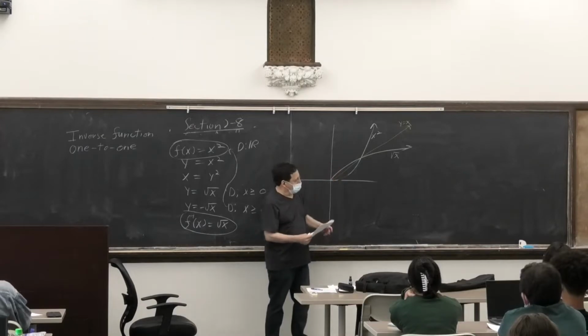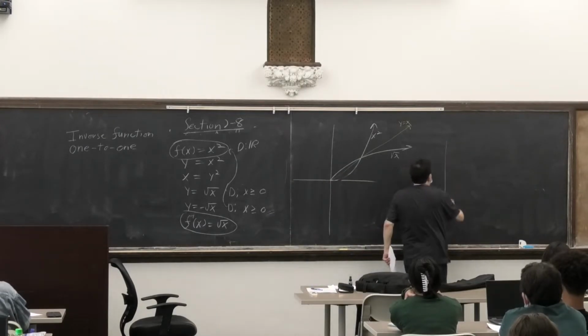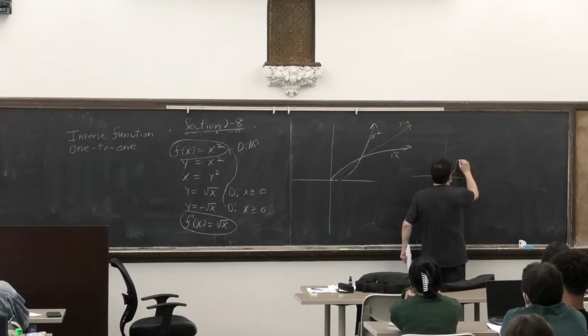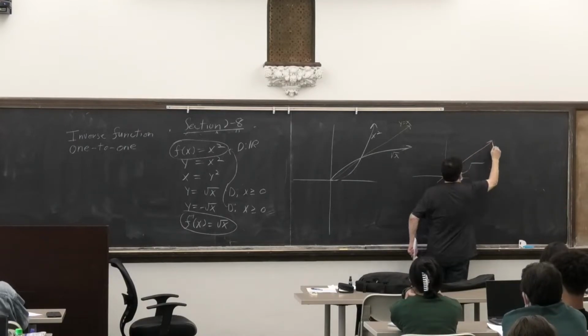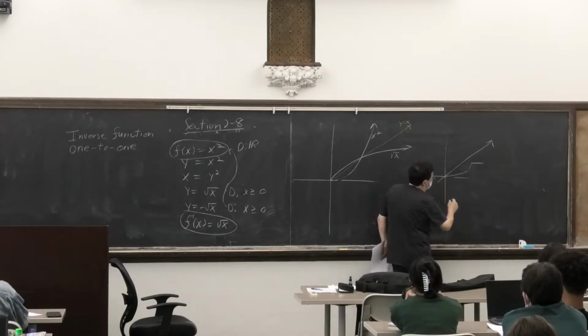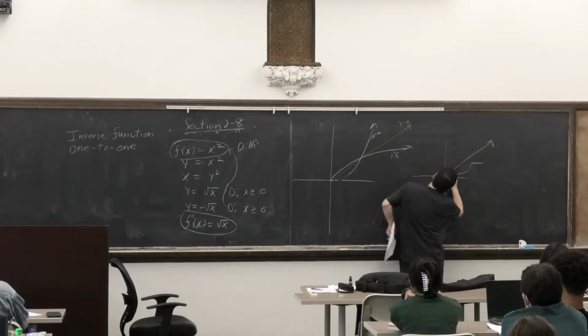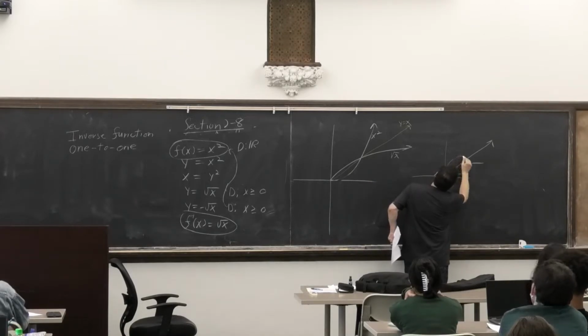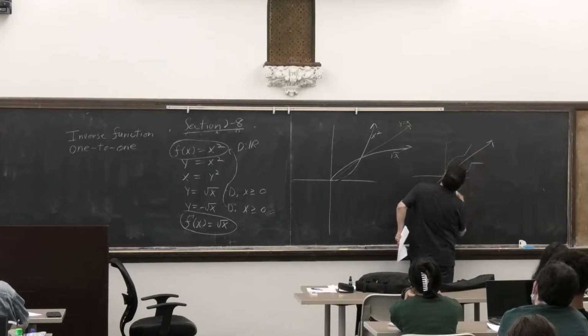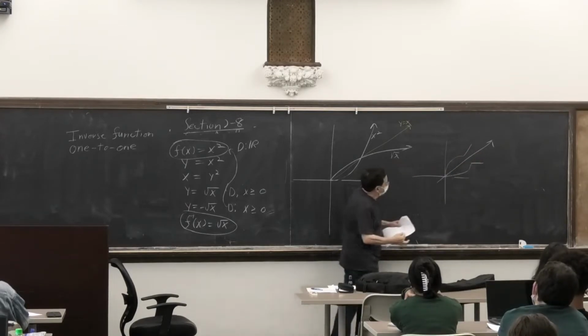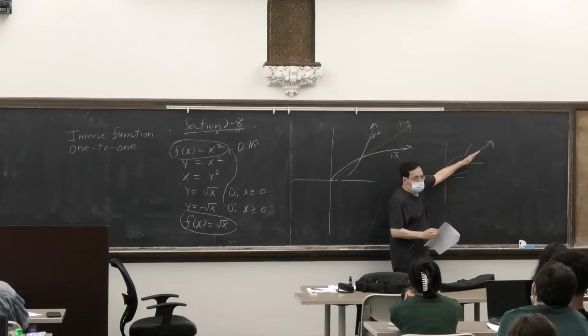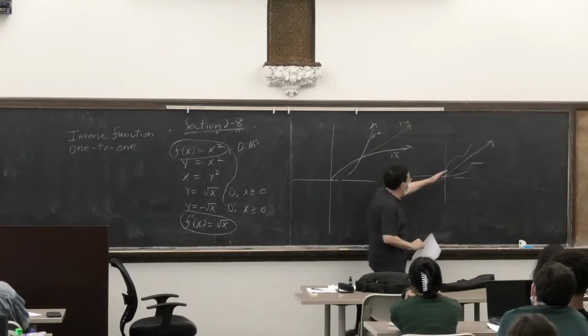If you ever see a function like this, and if you're artistically inclined, you can get your brain to switch these things. You can find the inverse by simply reflecting the function across the line.